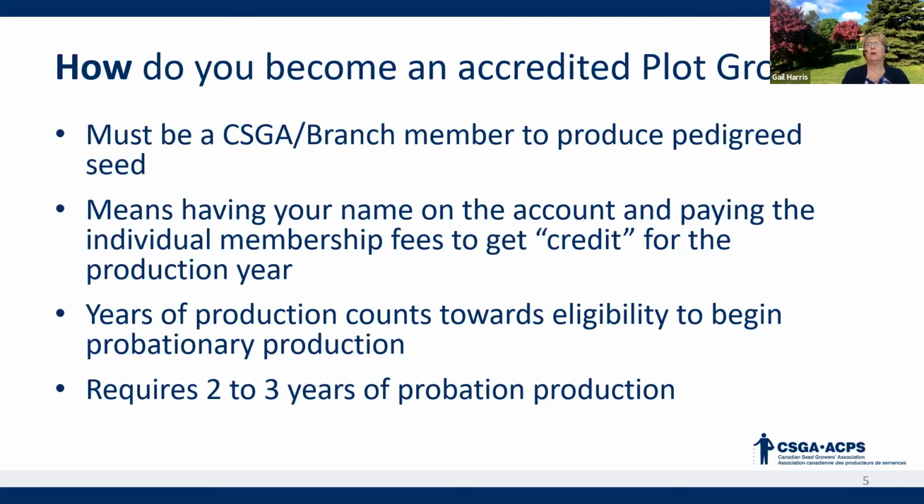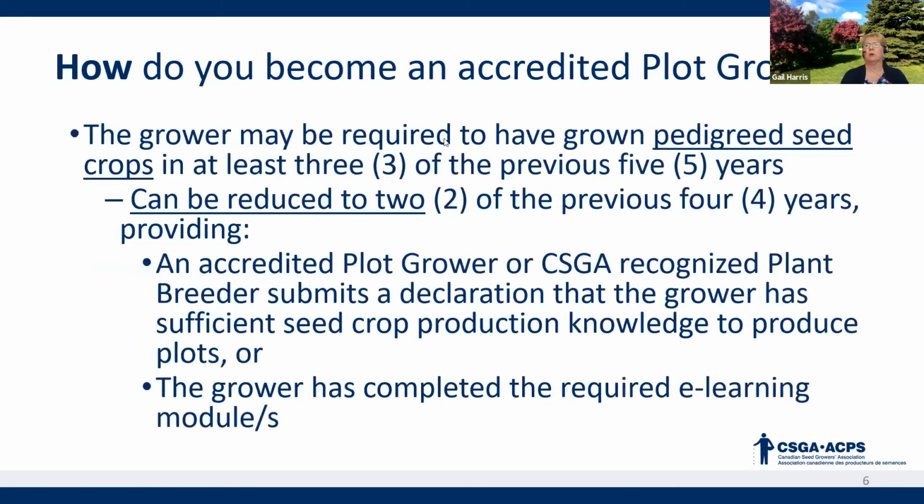If you've never had your name on the account, haven't been paying membership fees, even though you might have been involved in the background, you wouldn't be eligible to start your probation. And you also require 2 to 3 years of probation production. That's where it gets into taking some time to finish this process.